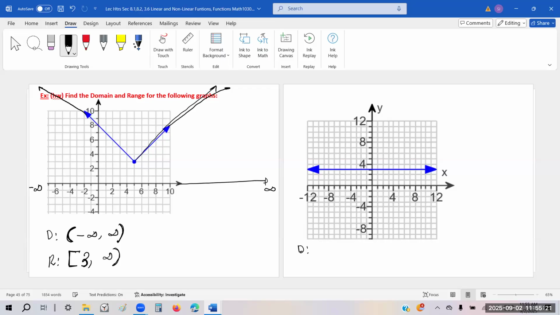So a domain is negative to positive infinity. And what is its range? Y, right? What's the y value you see here? 3. Do you see any other y value up or down?